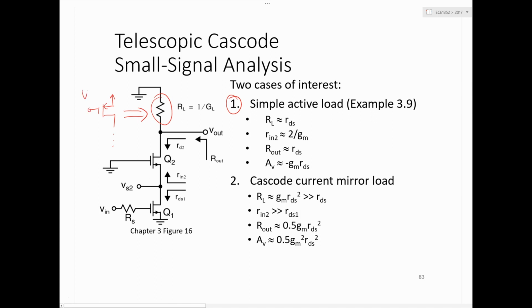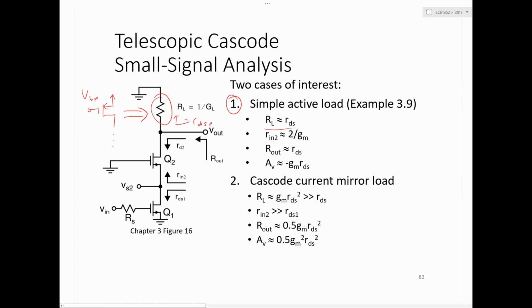In that case, we would see a resistance that's like RDS of a PMOS transistor. So that's what's indicated here.